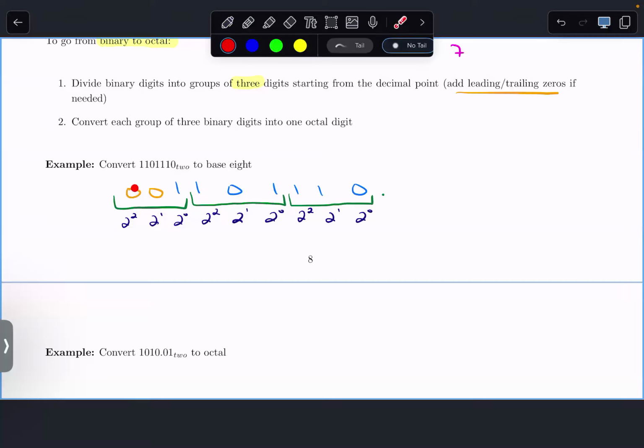Now I'm going to do 0 times 4 plus 0 times 2 plus 1 times 1 makes 1. 1 times 4 plus 0 times 2 plus 1 times 1 makes 5. 1 times 4 plus 1 times 2 plus 0 times 1 makes 6.